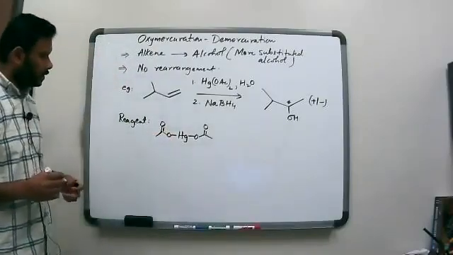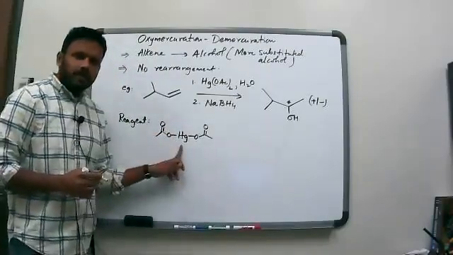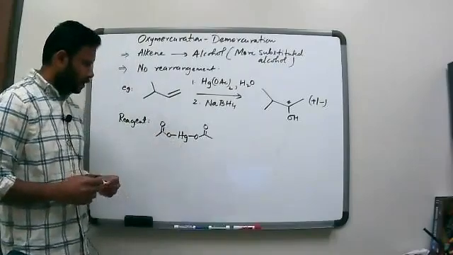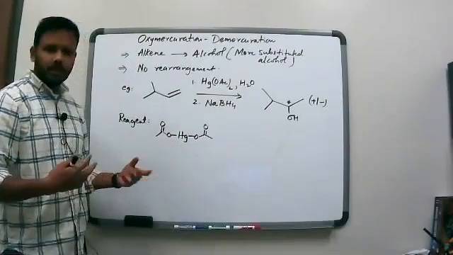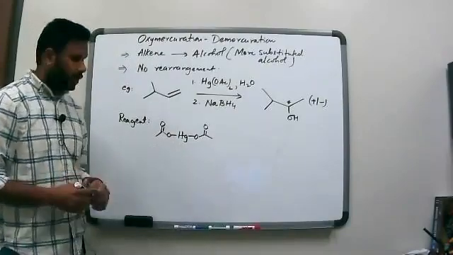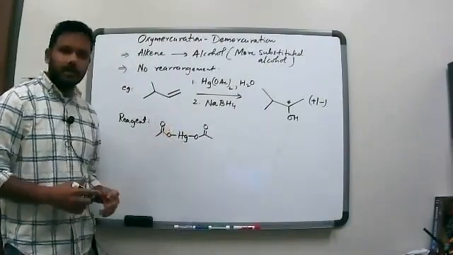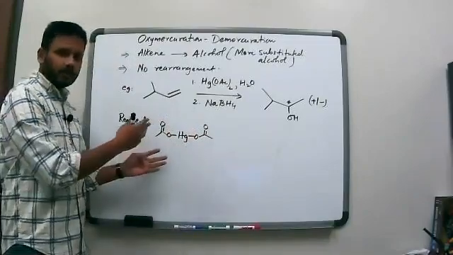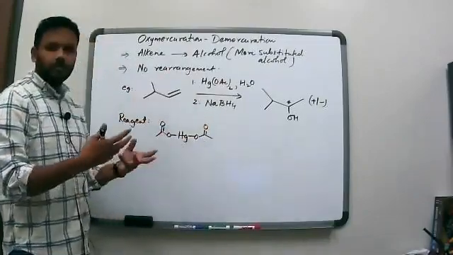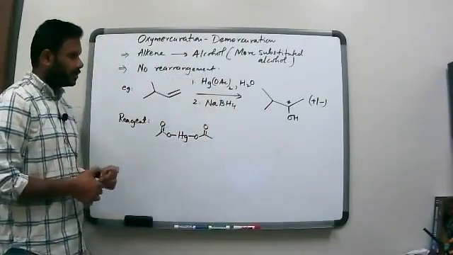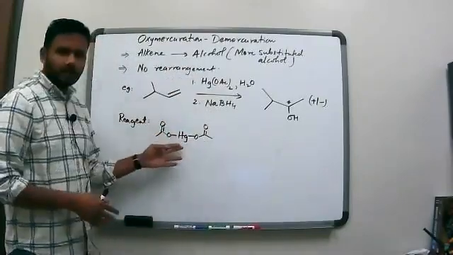Now mercury metal is not something good for us. It's a toxic metal, but this reaction was developed at a time when developing a more interesting reaction was probably a bigger achievement than the toxicity of the metal itself.